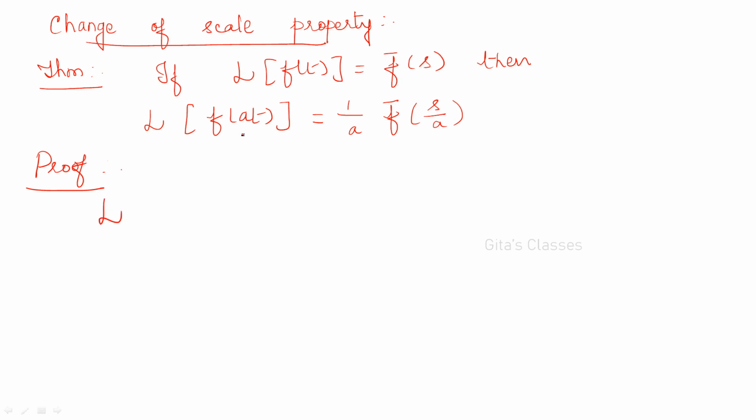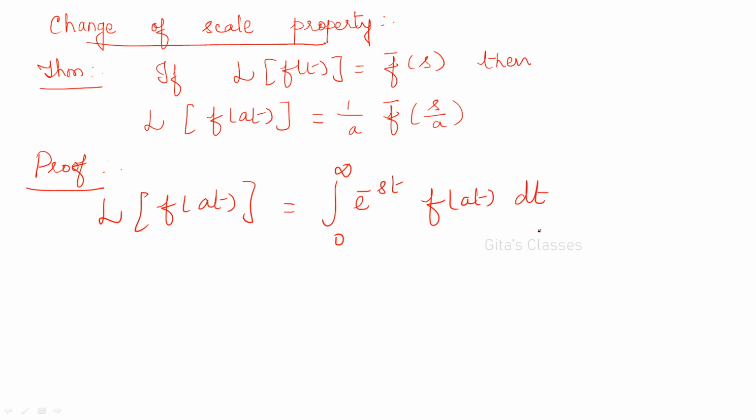By definition, we want to find out L of f of at. By definition, it is the integral from 0 to infinity of e power minus st into f of at dt. The proof is also very simple. Just make the substitution at is equal to u, which implies a into dt is equal to du.